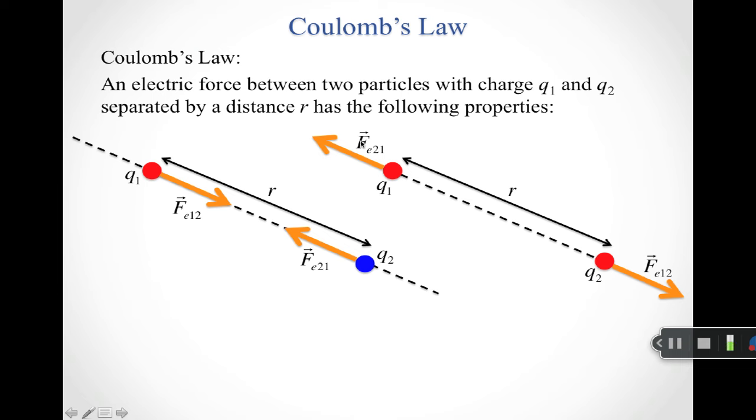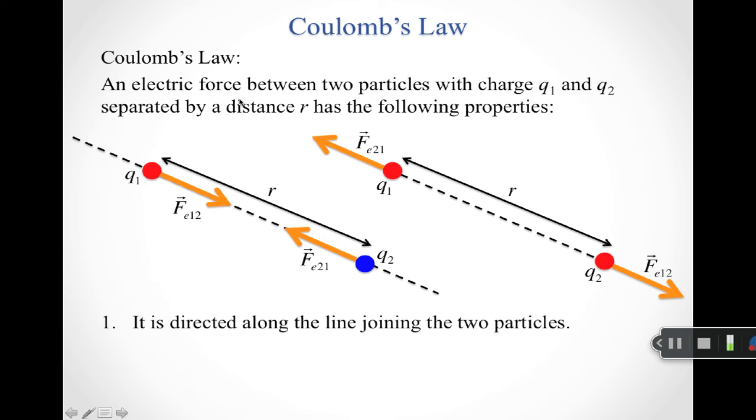So each of these is sort of its own free body diagram for the electric force on each of these four charges. So Coulomb's Law says that this electric force has the following properties. The first one is it's directed along the line joining the two particles. So notice in the attractive case, those two forces point along the line connecting our two charges. In the repulsive case, those forces still lie along the line connecting those two particles.